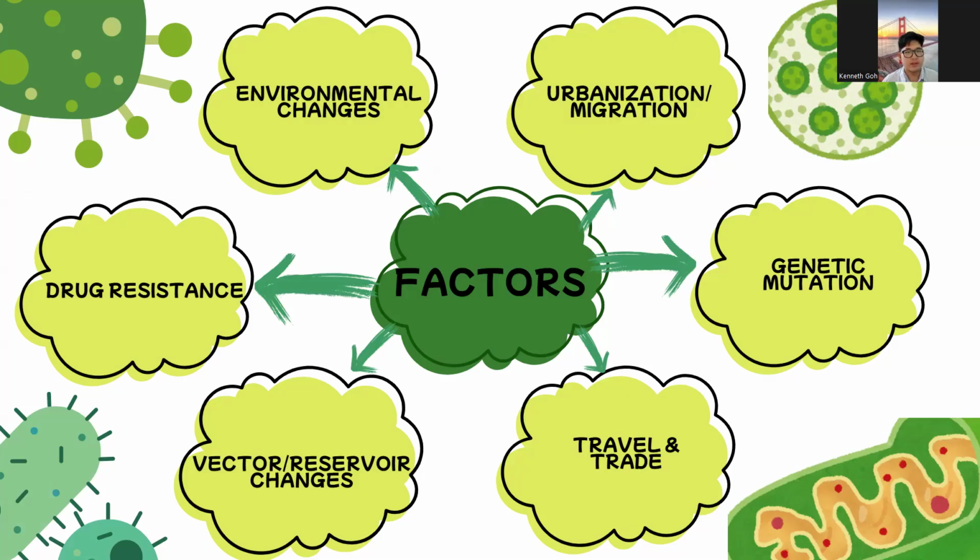And then we have vector or reservoir changes. What this means is that if the way the parasite transfers from one organism to another changes, it might mean a more prominent infection in a population.